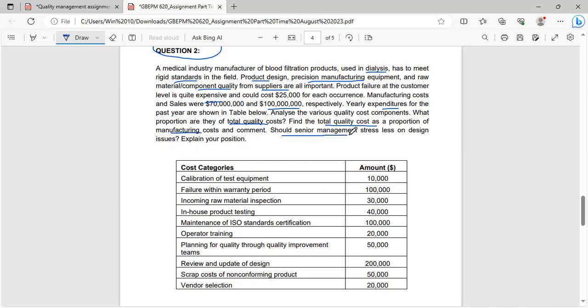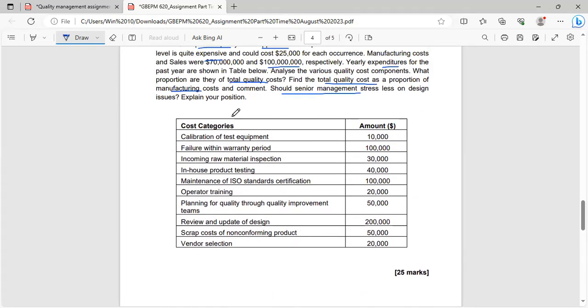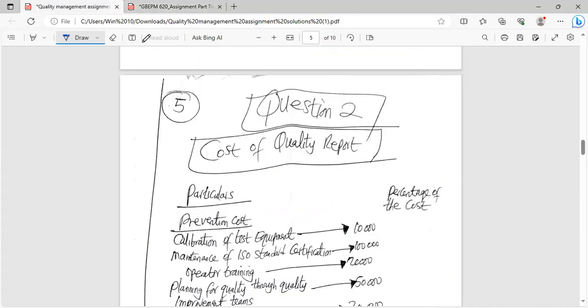Then should senior management stress less on design issues? Explain your position. So getting down to this one, the solution is that after analyzing these costs into 4 quality cost categories, we have those 4 costs.